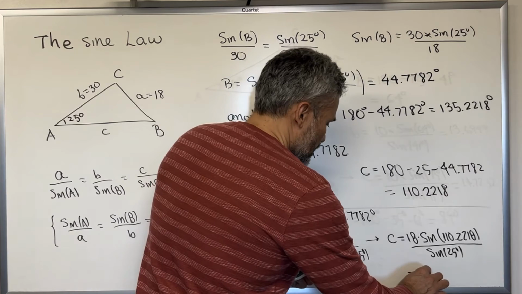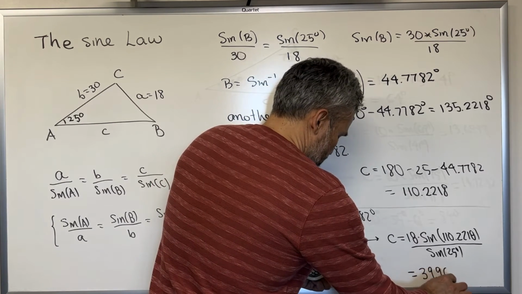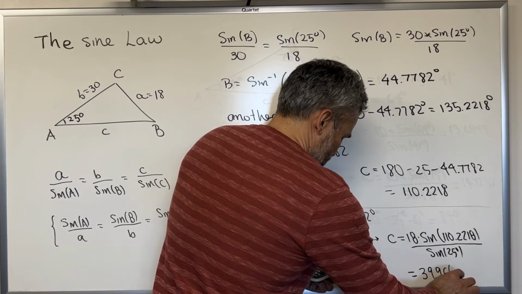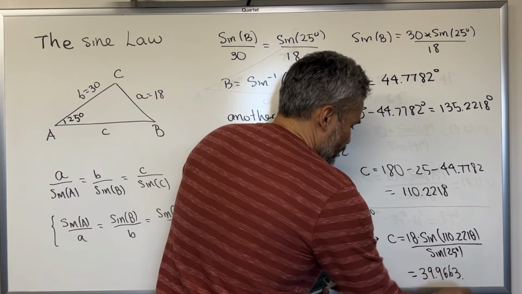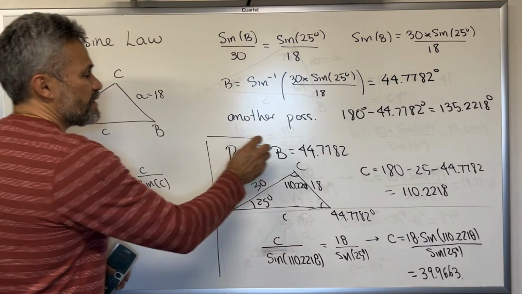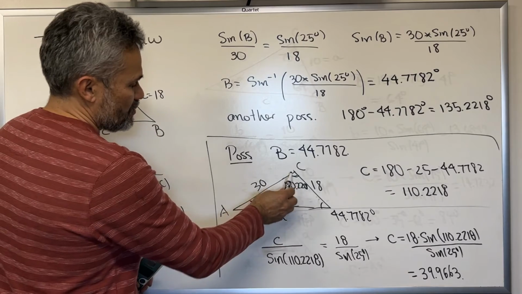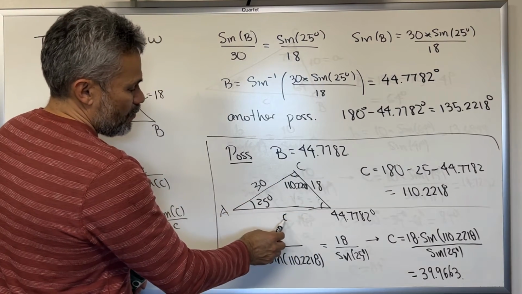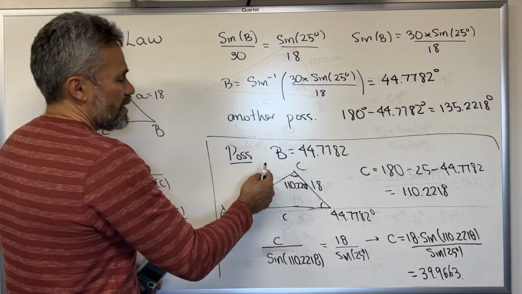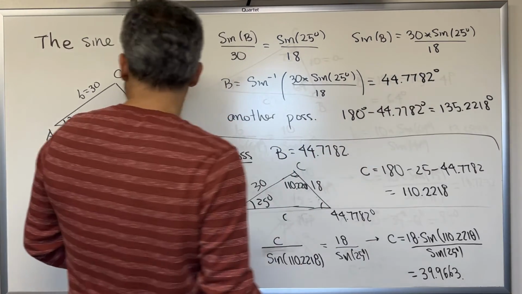This is 39.9663. And here we have one possibility. This is one triangle that works. Notice that in this triangle we have angle C, we have angle B, we have C that is 39, and we have everything. Let's consider the other possibility.